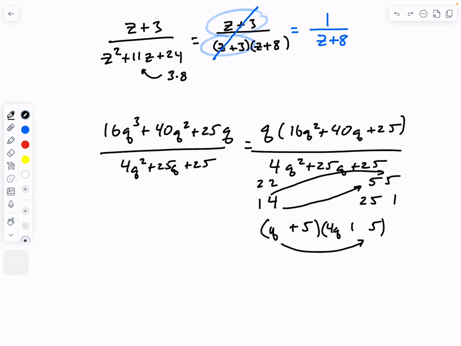Let's take a look at the top. Let's see if the top is factorable. Maybe we'll have a 4q plus 5 on top. That seems like it's a possibility. 4, 4, 5, 5. 4 times 5, and 4 times 5 is 20, and 20 plus 20 is our 40. That looks great. So we're going to rewrite this as q with 4, 4, 5, 5, plus for the q, plus plus.